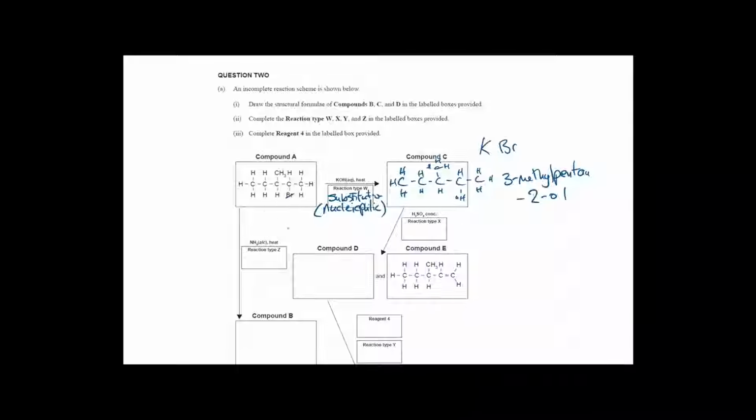Alright, and this one here, the Z one. So the bromide is going to get taken off. This is going to be the same, isn't it? It's going to be nucleophilic substitution.